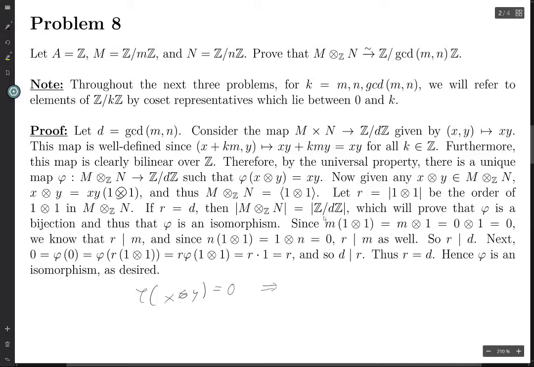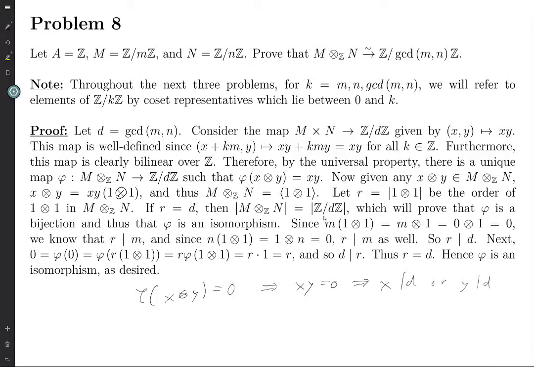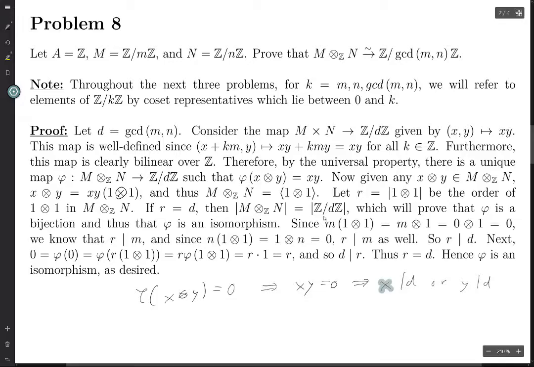This means that xy is 0, which means that x is going to divide d, or y is going to divide d. Is that it, or is it d divides x or d divides y? One of x and y has to be a multiple of d. So d divides x, or d divides y.